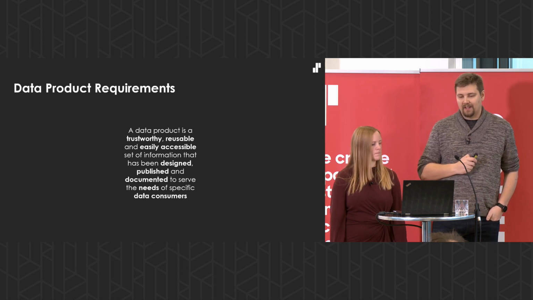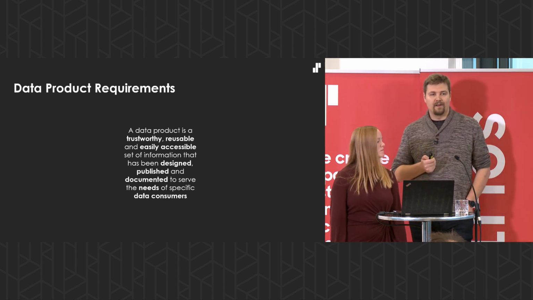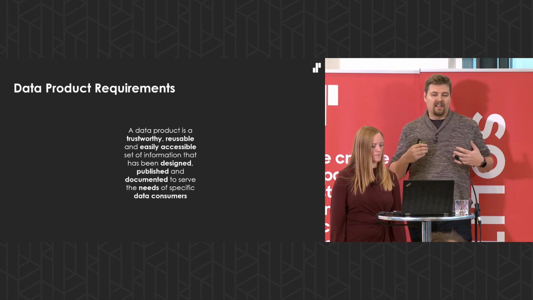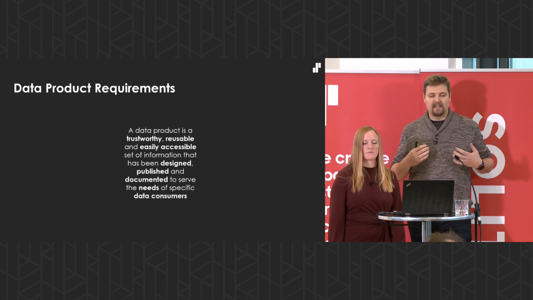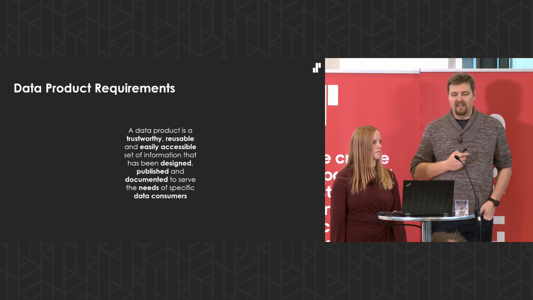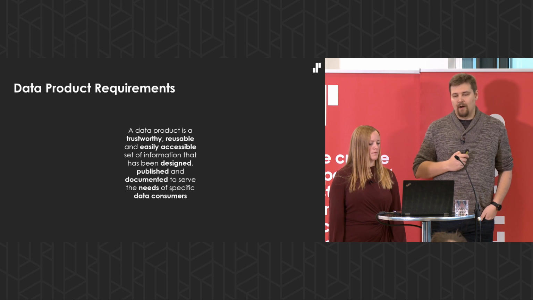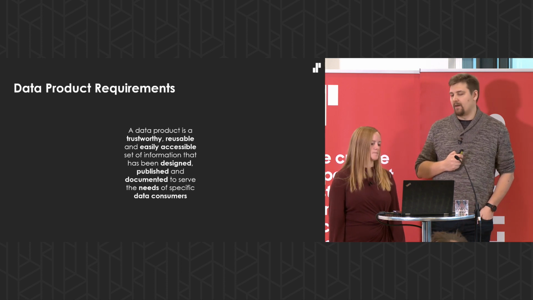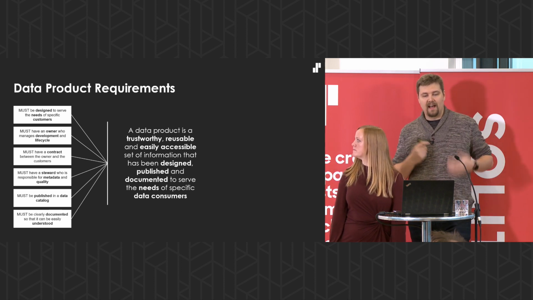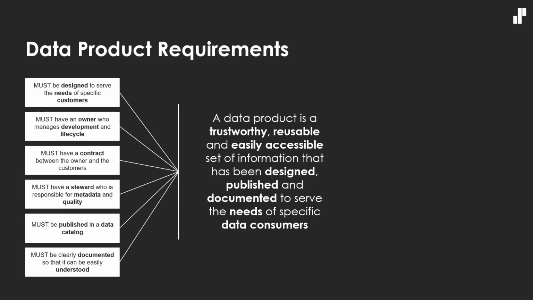But then when it comes to the data product, there are often some requirements attached. So what differentiates a data product from a traditional API or database view, or basically any data set that we are serving to some other party? There needs to be some structure around it, some kind of list of requirements. And here is a list of those so-called must-have requirements. So it needs to be designed for the need of specific customers.